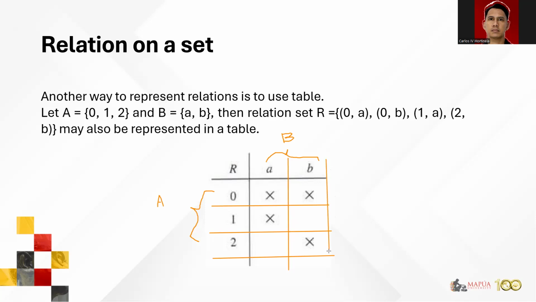And from there, you will notice that the cell where these elements intersect is simply marked with X if they are related or included in your relation set. Follow? So that's how you represent relations in a table.